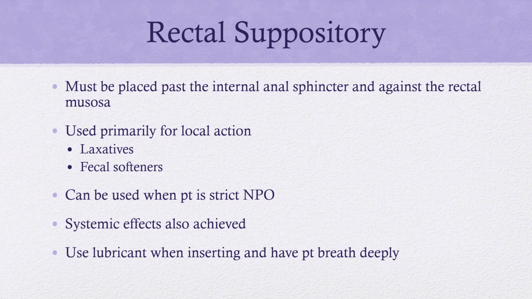For rectal suppositories, we want to make sure we position our patient on the left lateral side, or our Sims position. Usually used for laxatives, fecal softeners. If our patient is NPO and they need meds, we may need to give medications this way. Systemic effects can be achieved, although they are sometimes very erratic.